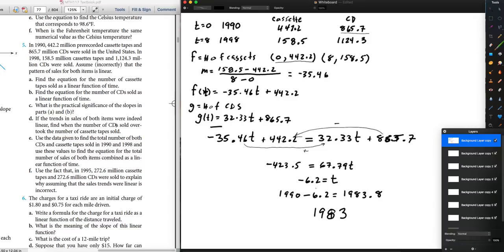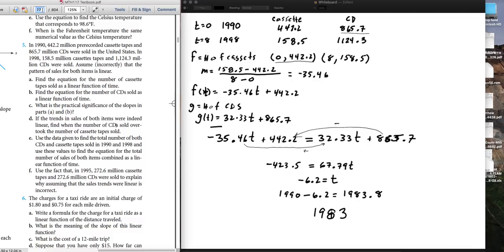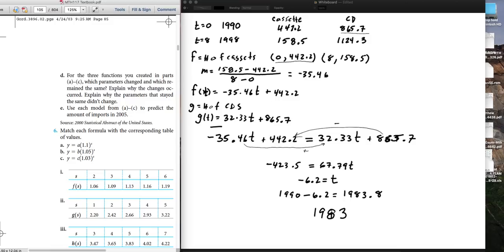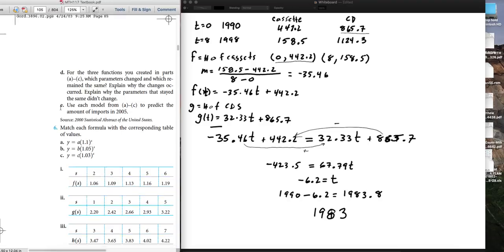The next one is on page 85, which for me is 105. Skip number 12. You asked me about number 12, so I'm just going to skip it. Don't worry about it. I think this is number 23.